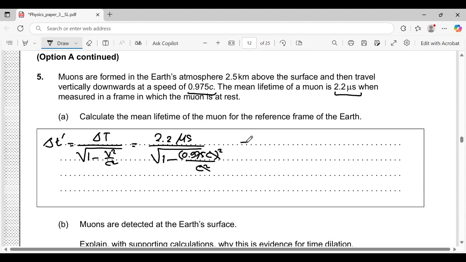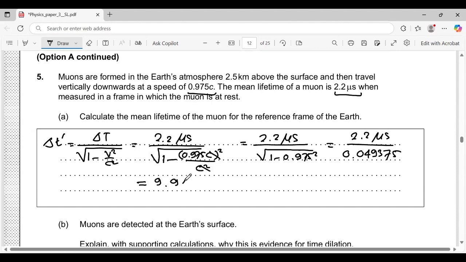C squared equals 1. So 2.2 μs over the square root of 1 minus 0.975 squared, which comes to 2.2 μs over 0.049375. If you calculate, the result is 9.91 μs. Next question.